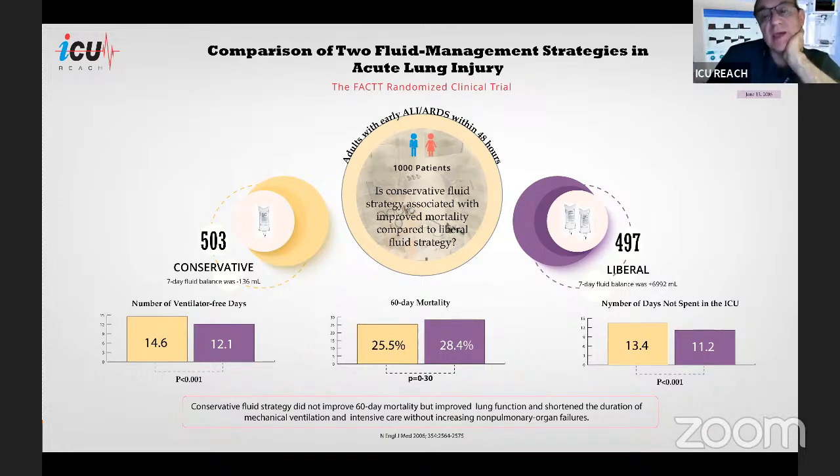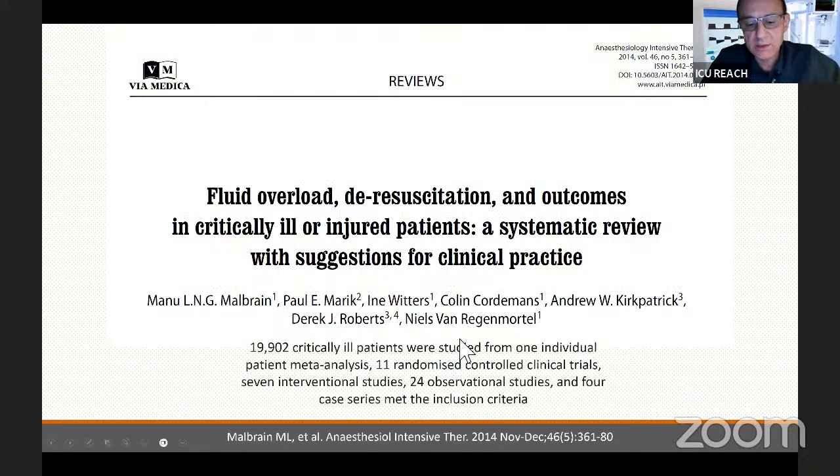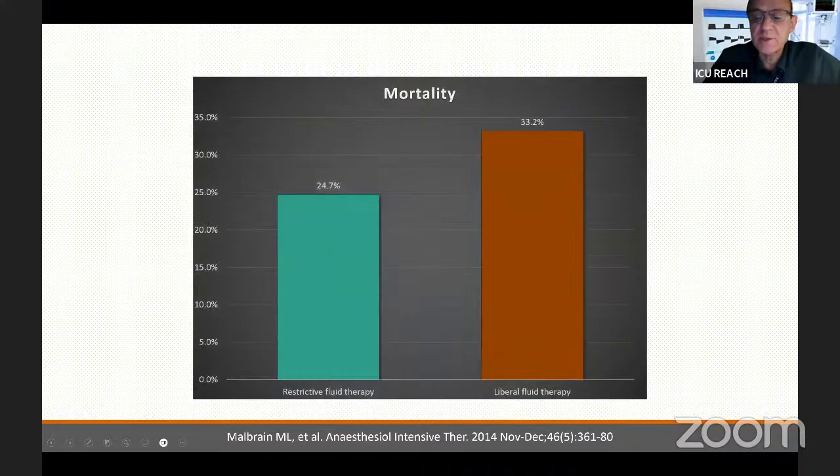Okay, so we have another meta-analysis, and the meta-analysis goes back, I think, 2016 or something. And this meta-analysis shows that the mortality rate in liberal fluid therapy is higher than in restrictive fluid therapy.